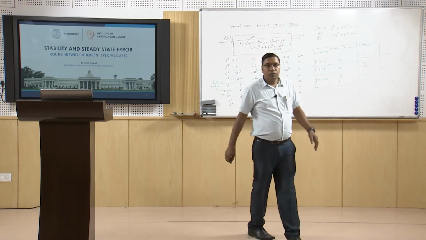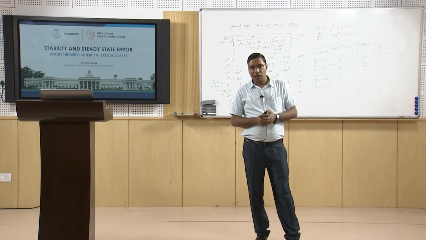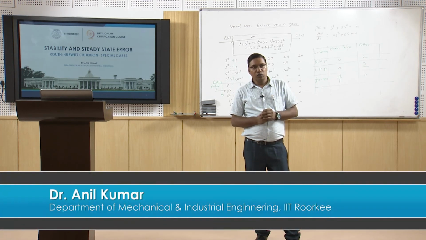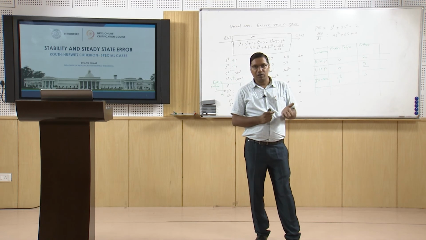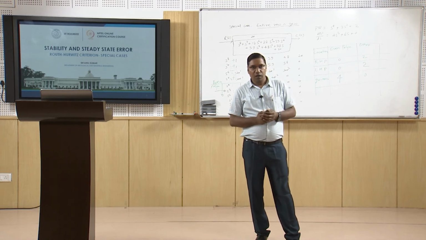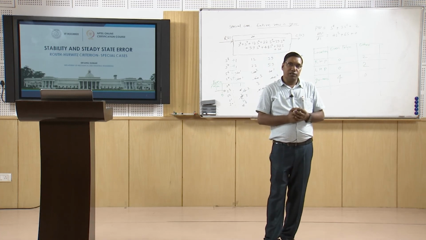So this is how we understood how to create the Routh table and how to know the location of the poles, whether they are located in the right half plane, left half plane or j omega axis. And this gives us the stability criteria.